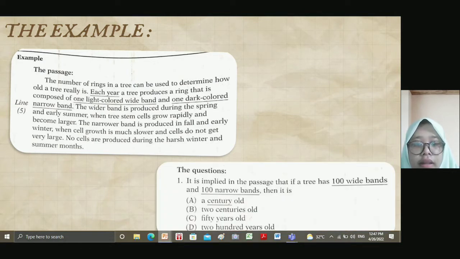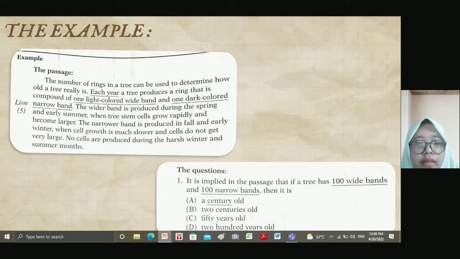The answer to the text is A, because if you look before, the white bands and narrow bands mean that each year has 100 white bands and 100 narrow bands, the same as a century old.